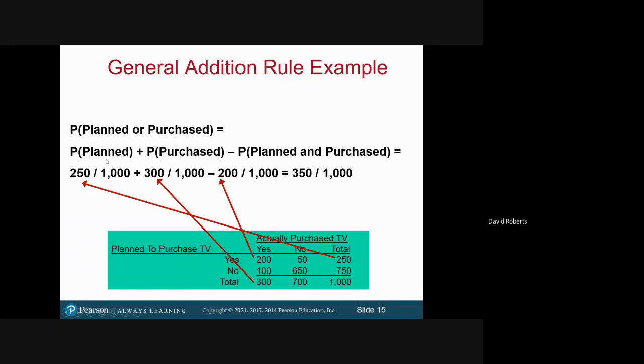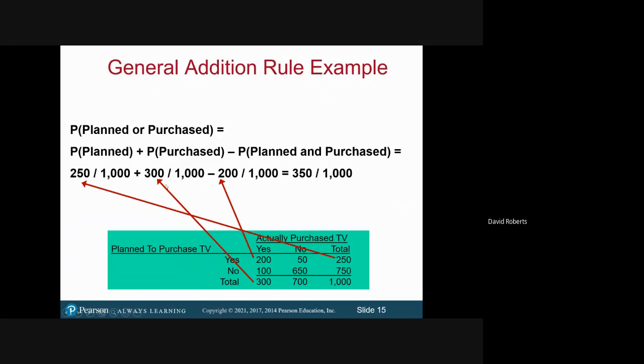So the planned and the actual purchased would be 250 plus 300, minus the 200, and you get 350 that they planned and purchased.